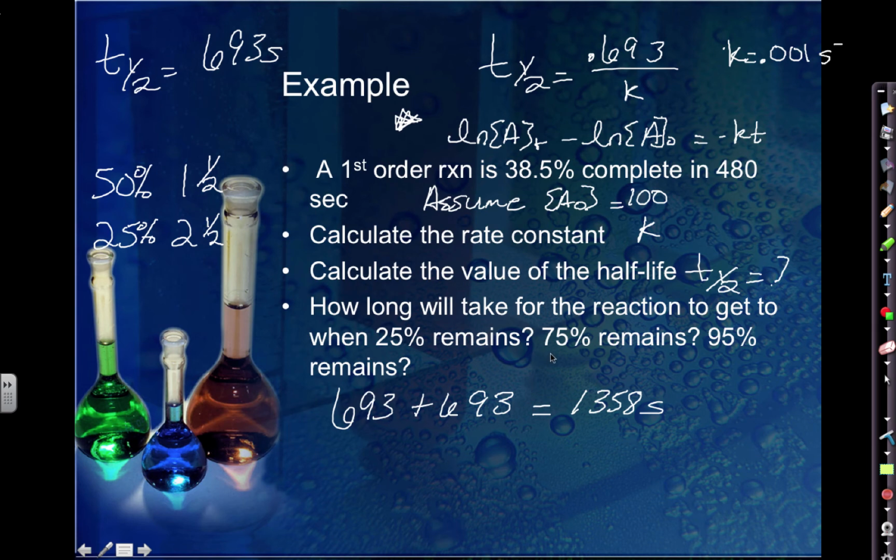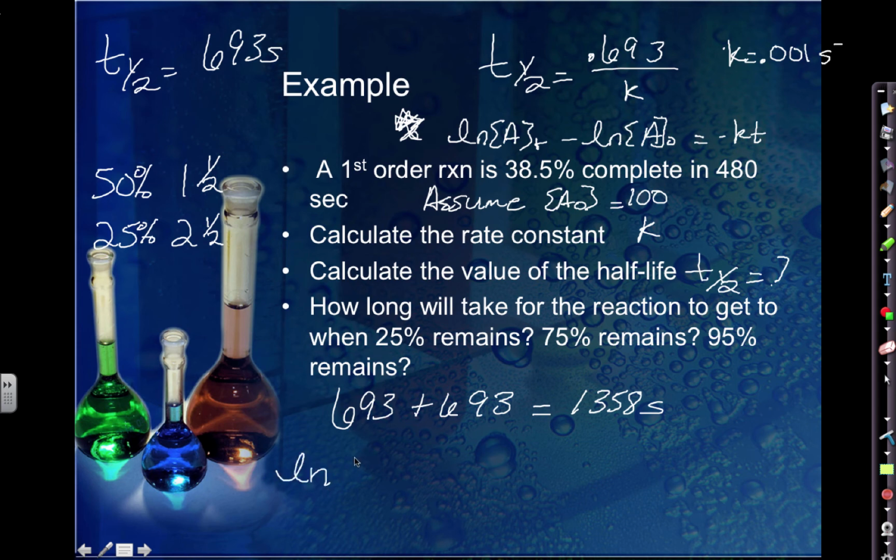So I have 75% remaining. If I'm going to do this with math, I can use this equation right here. Well, if 75% remains, that means that I have a concentration of 75. I can assume it's 100, and then my initial concentration would be 100. Well, I'm solving for the time. I have K. I can use this equation to do it.